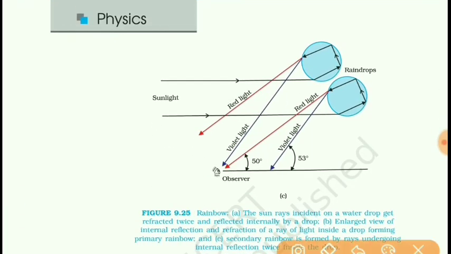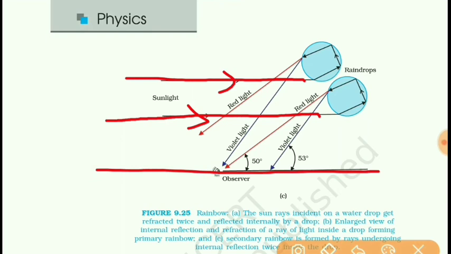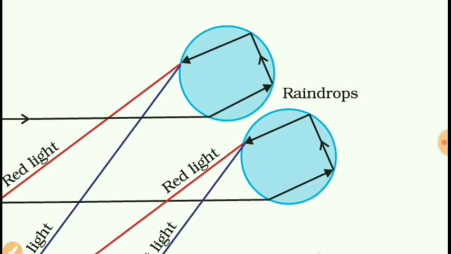Sometimes a double rainbow is also observed, and that double rainbow is observed when the sunlight or sun rays are horizontal, that is parallel to the surface. In that case you can see there are 2 times refraction and 2 times reflection.